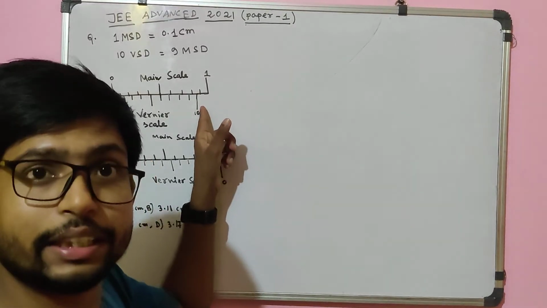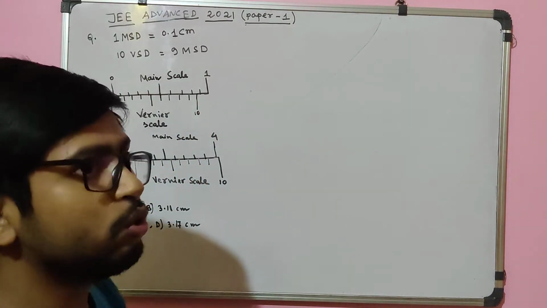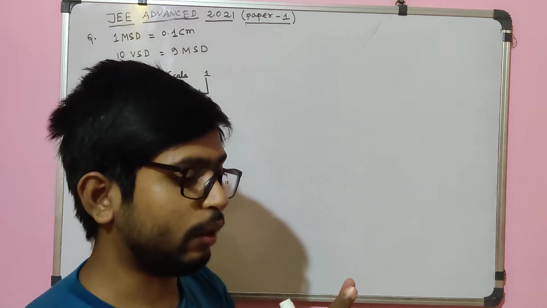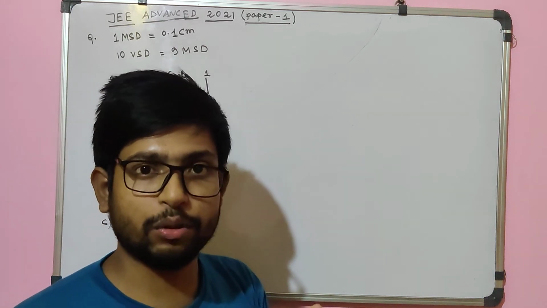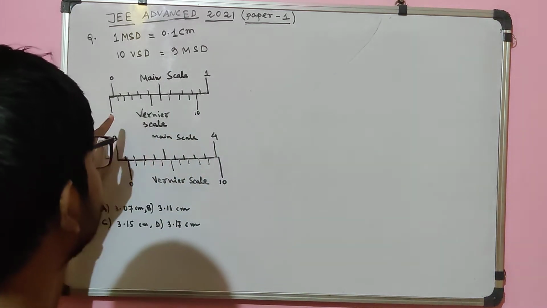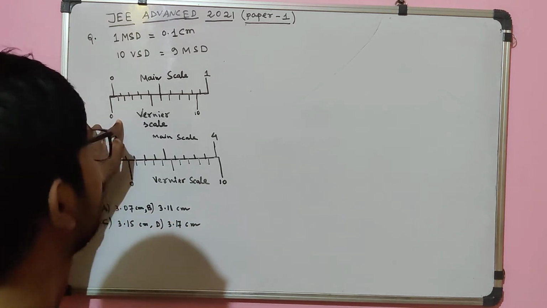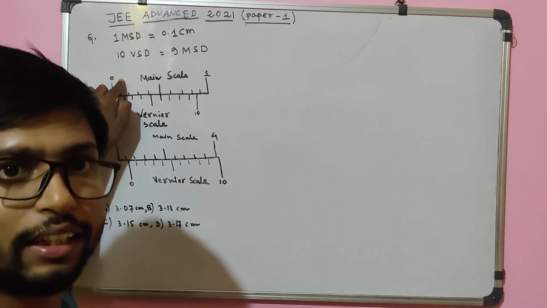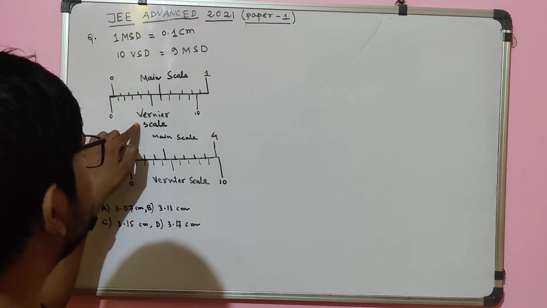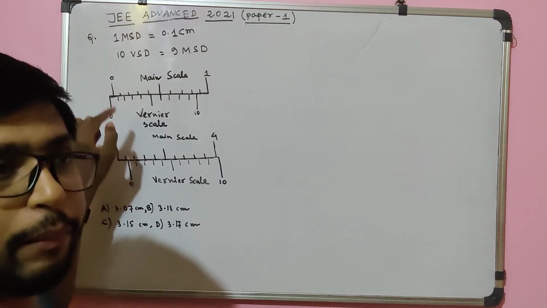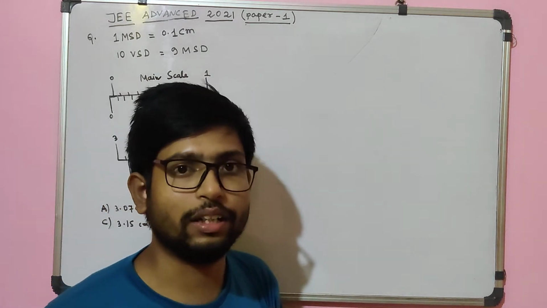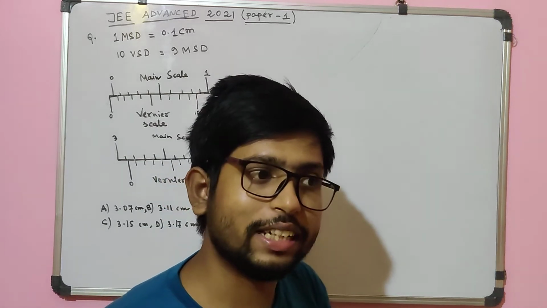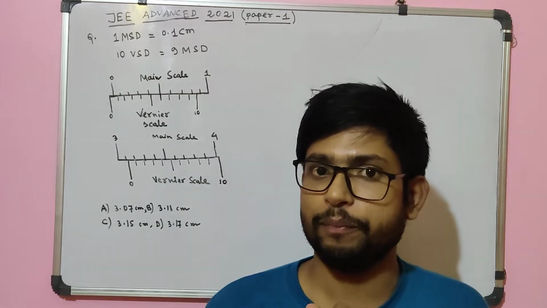From here we can see that when the two jaws are coinciding, meaning there is no gap between the two jaws, the zero of the Vernier scale is not coinciding with the main scale, but the Vernier scale is behind the main scale. That means there is some error, and this initial error is a negative error here.